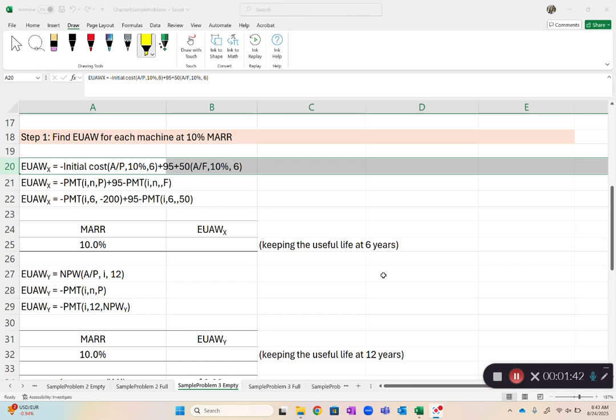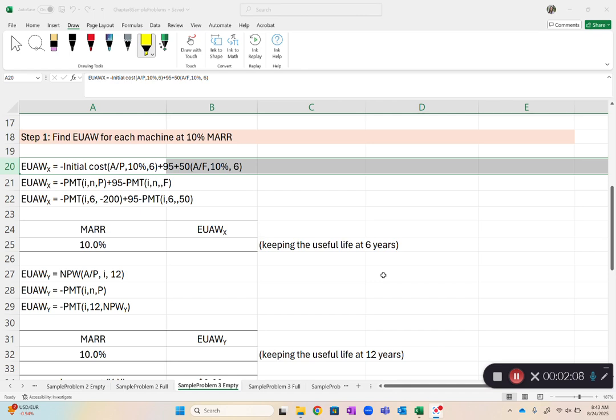So the equivalent uniform annual worth for machine X, I'm going to write it out here as if I were to use engineering economic factors. Back in the day, before we started using Excel, we would just take our net present worth from one problem and convert that using an A given P formula to convert from present worth to annual worth.